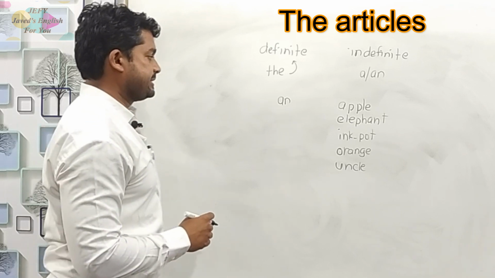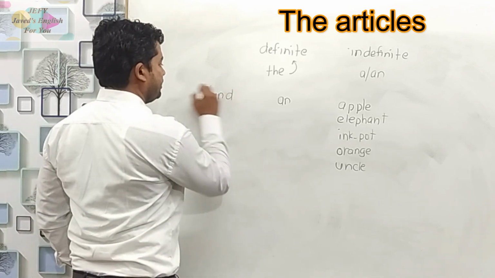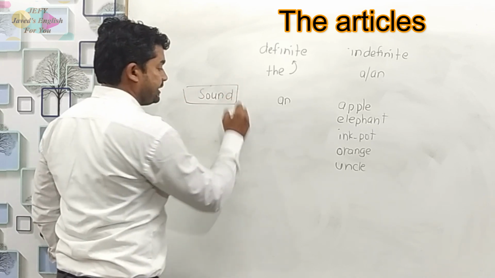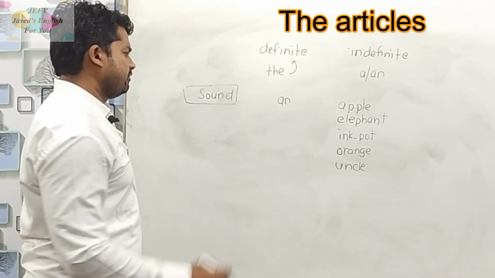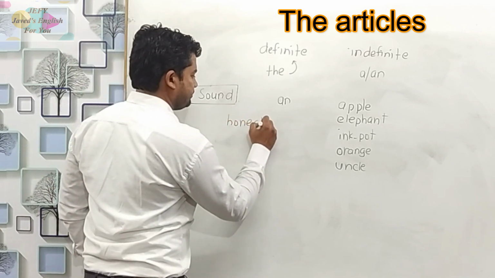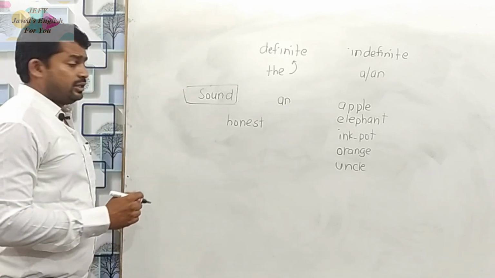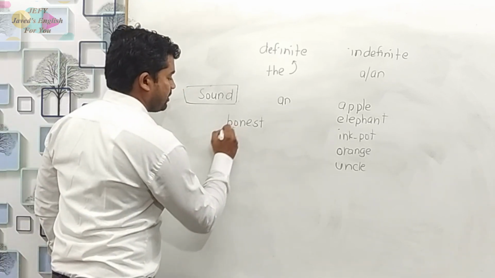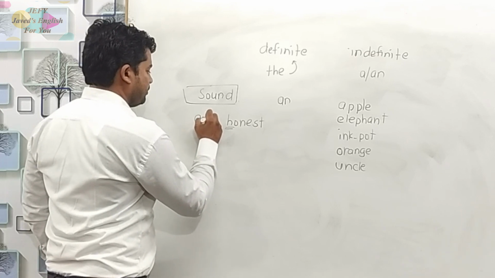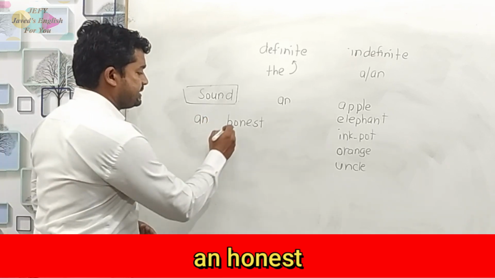But in some cases it depends on the sound. For example, there is a word honest. If we see, it begins with a consonant, but we have to put an here. Why? Because H is silent here.